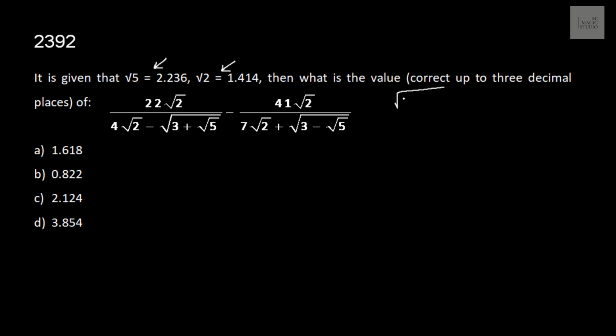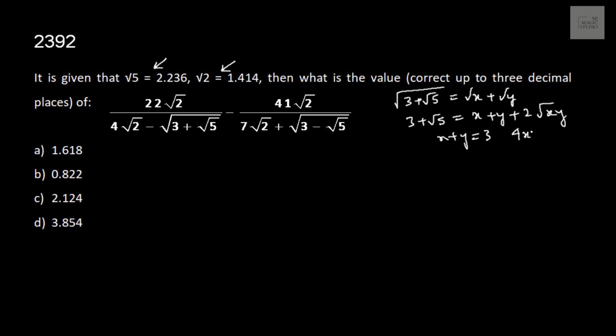Let root over 3 plus root 5 be equal to root x plus root y. Then if I square both sides, I'll get 3 plus root 5 equals x plus y plus 2 root xy. Comparing, we'll get x plus y is equal to 3 and 2 root over xy is root 5.